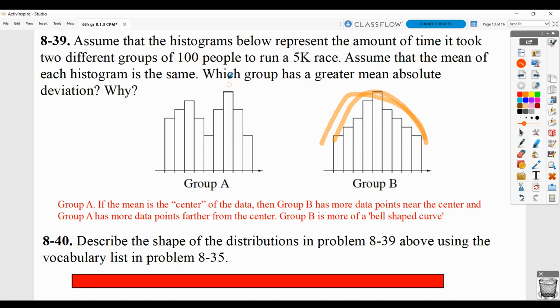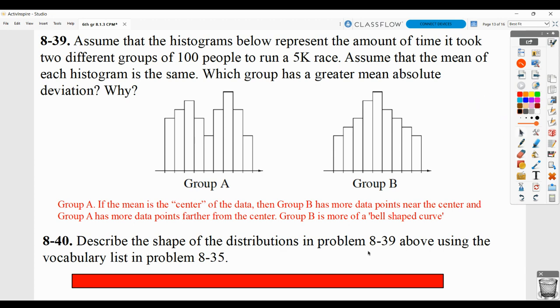Where here they're sort of all up and down, and therefore not very close to what would be considered a typical value. All right, so group A would have a greater mean absolute deviation. Again, we obviously can't calculate it because we don't have any numbers, but based on what we see in terms of the shape of the curve, that would be our presumption.